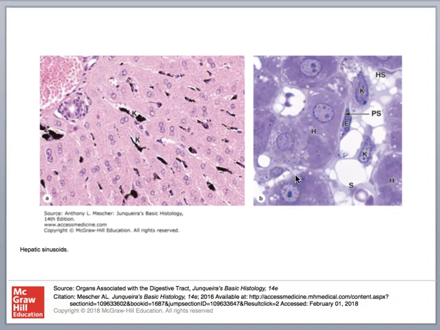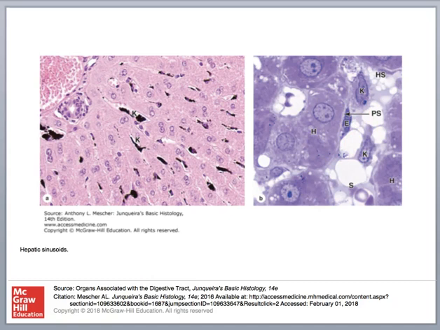Now there's a couple specialized cells that I want to point out in this area. So the sinusoids themselves are endothelial-lined blood spaces that contain an admixture of portal venous blood and hepatic arterial blood. And the E cell here is one of these endothelial cells.